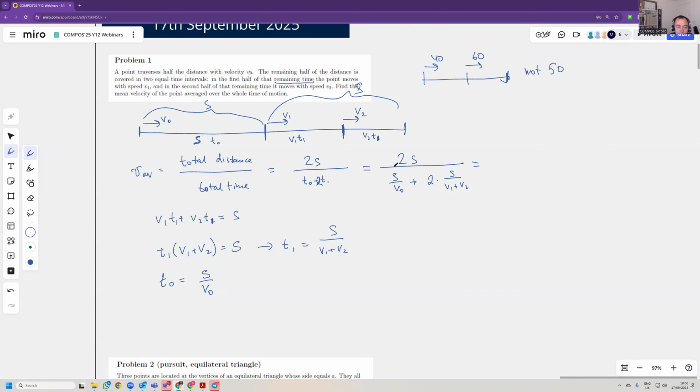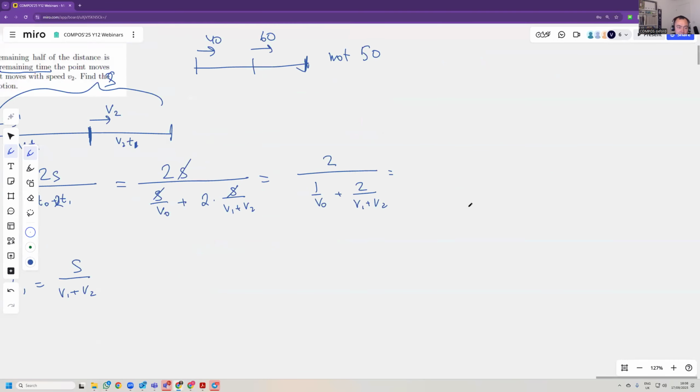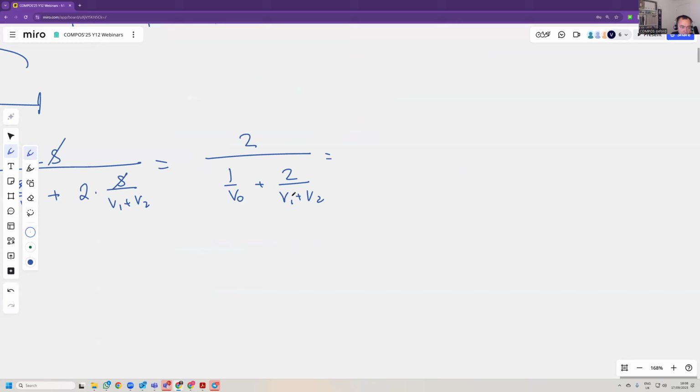And here, we can divide by S, so we've got 2 divided by 1 over V0 plus 2 over V1 plus V2. And if we find the common denominator here, it's 2 divided by V1 plus V2 plus 2V0 divided by V0, V1 plus V2.